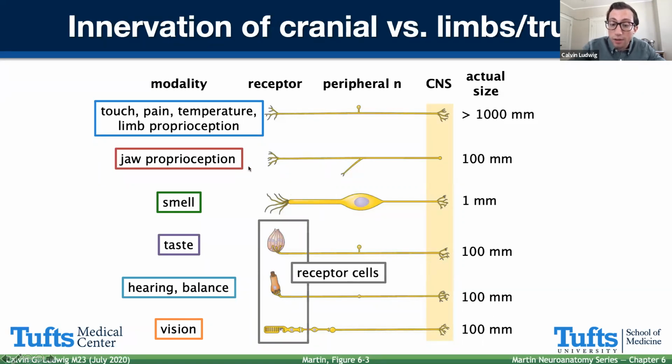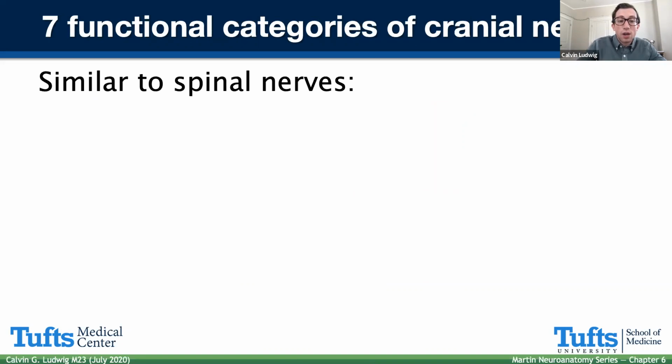Okay, 7 functional categories of cranial nerves.